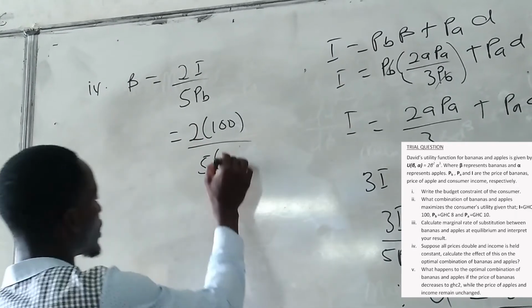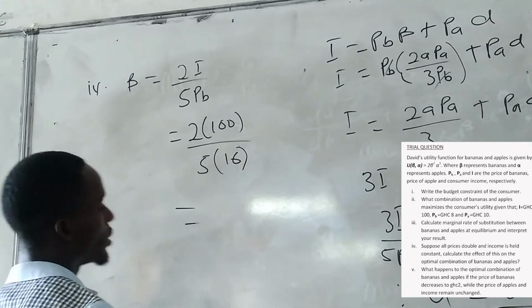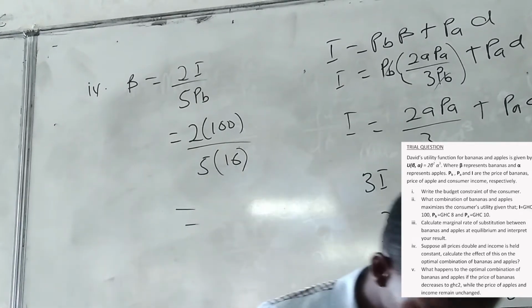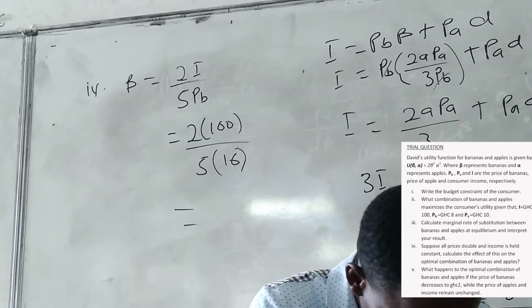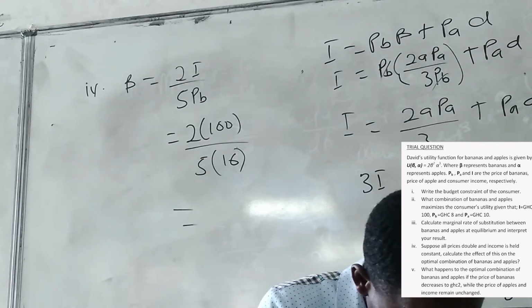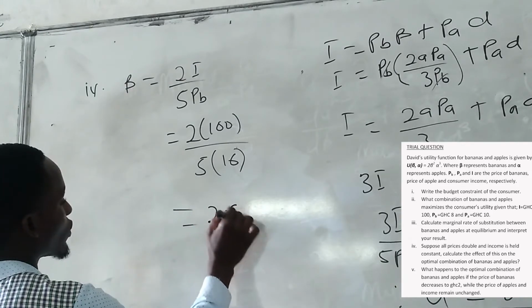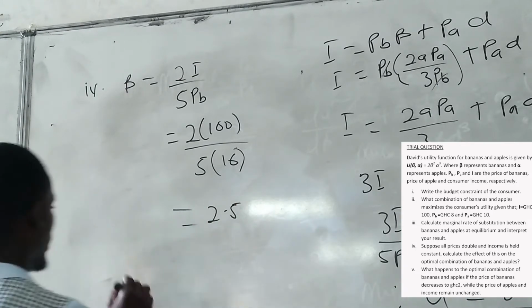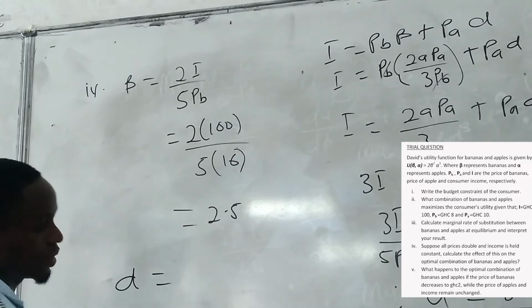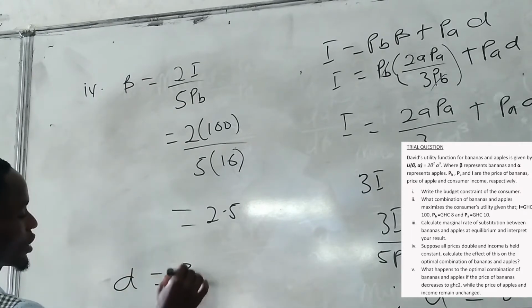Do you think I'll consume more? I'll consume less, because the law of demand says that at a higher price, less is consumed, and at a lower price, more is consumed. So we have to calculate. Now you go back to your demand function for alpha and beta, and you substitute the new prices to determine the quantity David will be consuming.